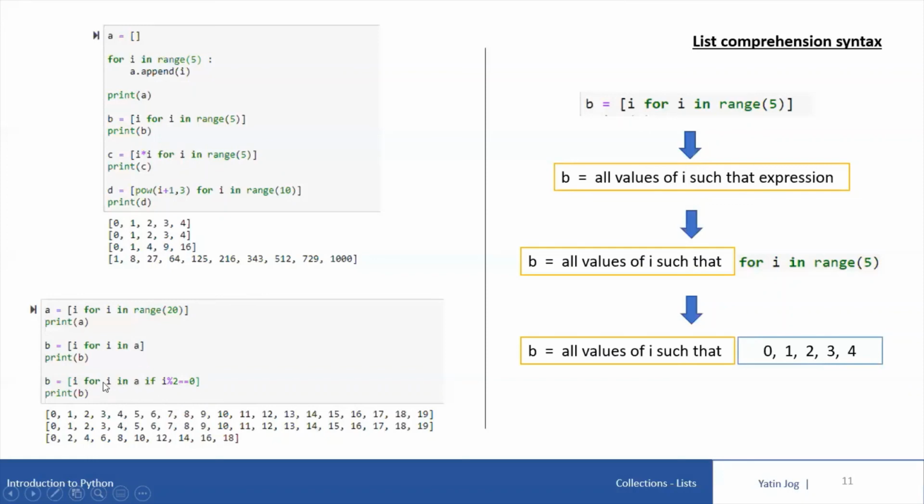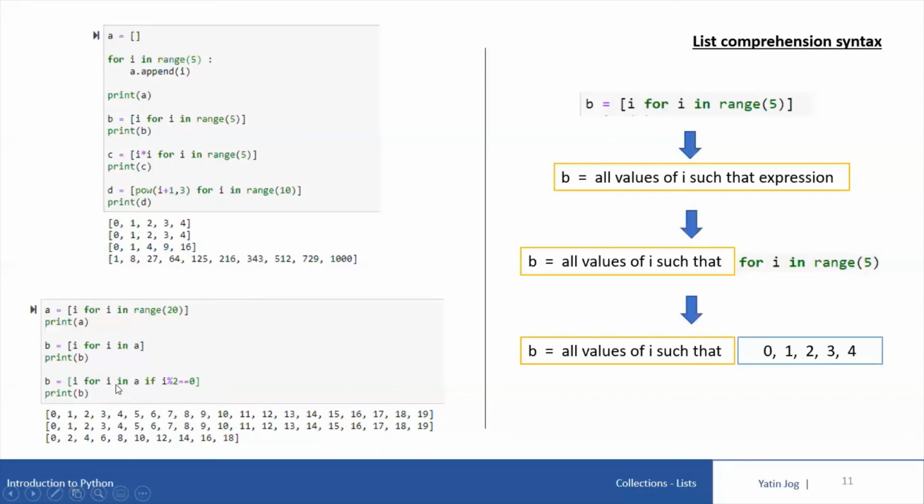So indirectly, we are traversing through all the values of list variable A, but we are going to copy only those values of I into B which are even, I%2 equal to 0. So this is how the list comprehension syntax works.